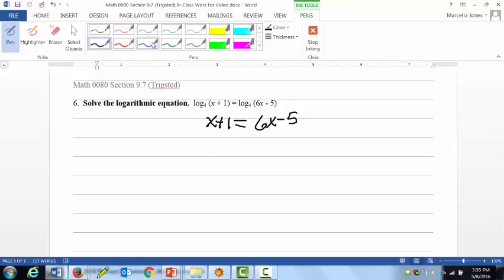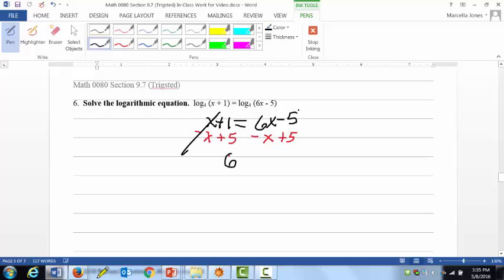So solving this, let's subtract x from both sides. And let's add 5 to both sides. So we wind up with 6.